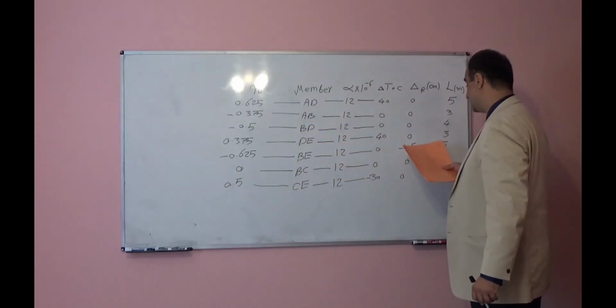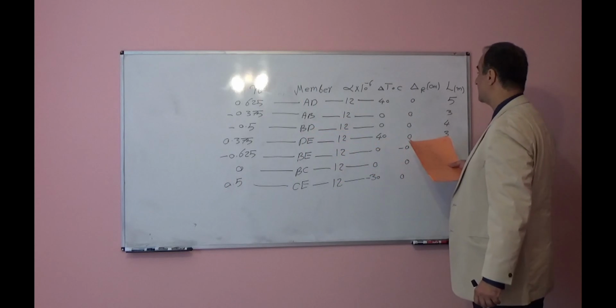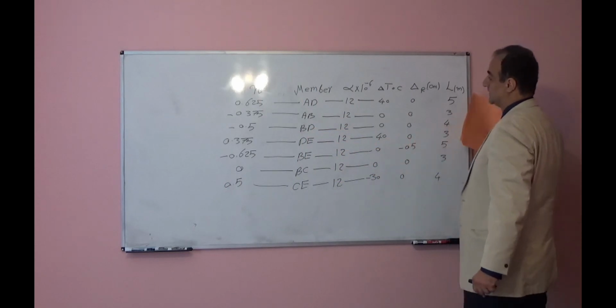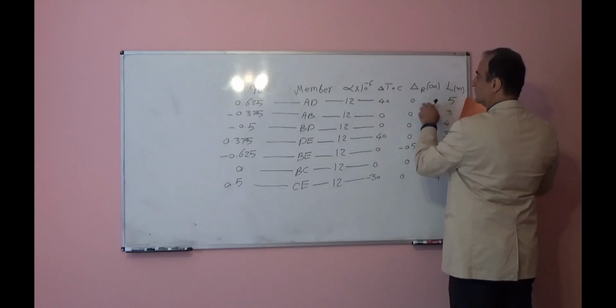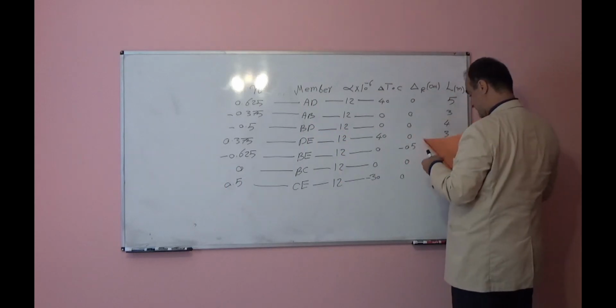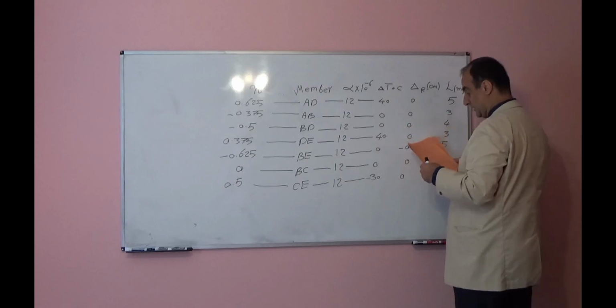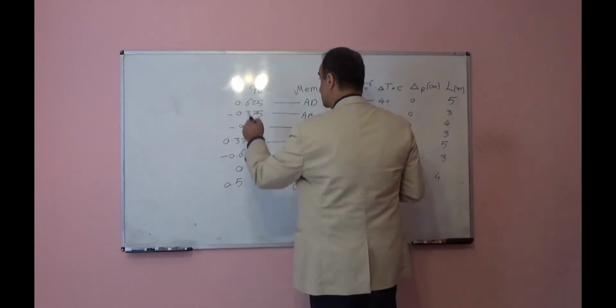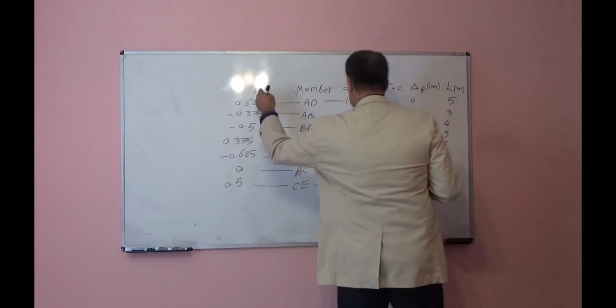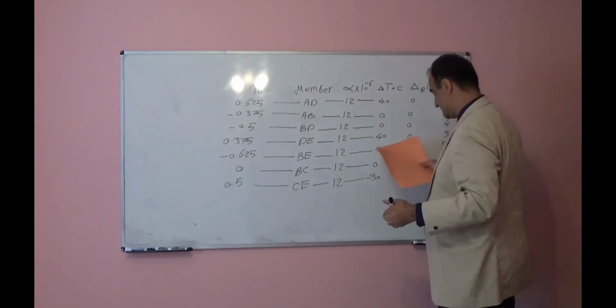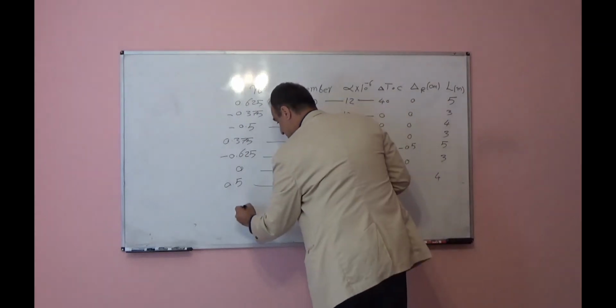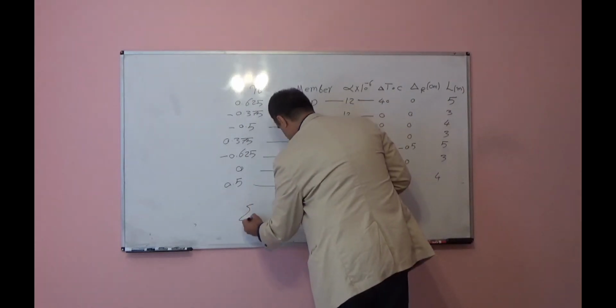Then you will multiply all these together. You will multiply n, this column, to the alpha delta TL, and you will calculate the summation for that.